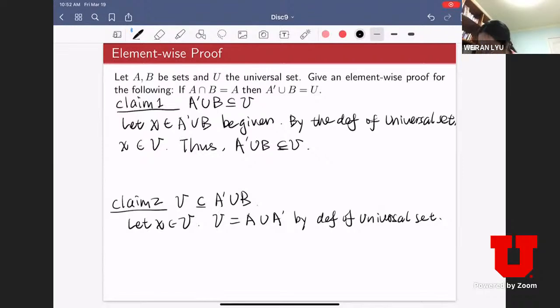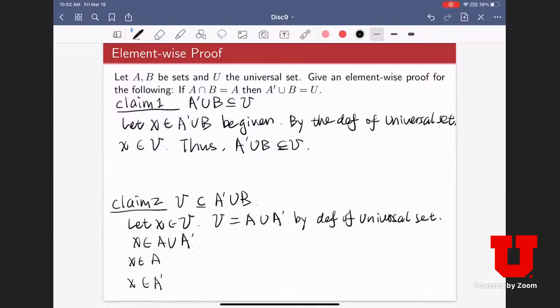So we know that x is in A union A complement, and then x can be either in A or x can be in A complement. Is this what you're trying to say? Yeah, that's exactly what I was going for.